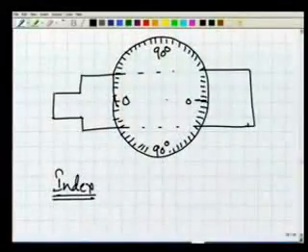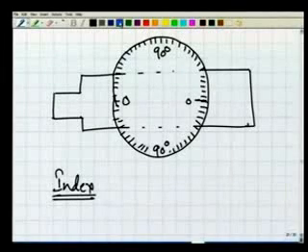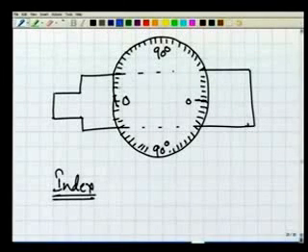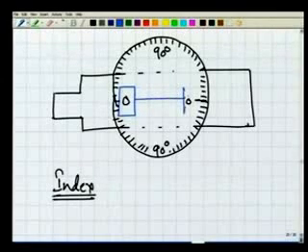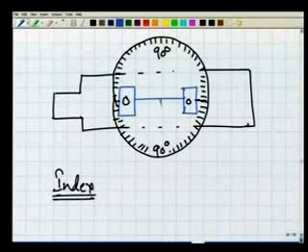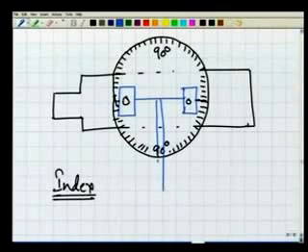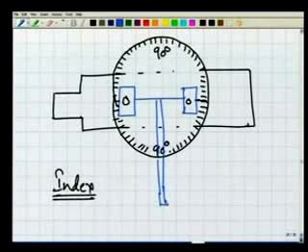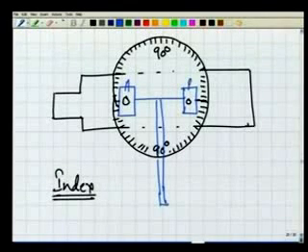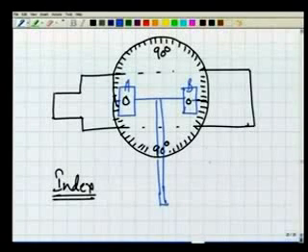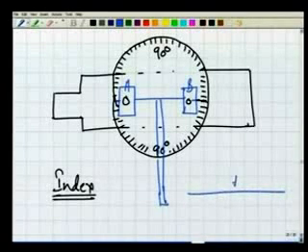In addition to this telescope and this vertical circle, we also have an additional index frame here. That index frame looks like this. This index frame, basically we say vernier A and vernier B, and the line joining vernier A and vernier B will be a horizontal line.